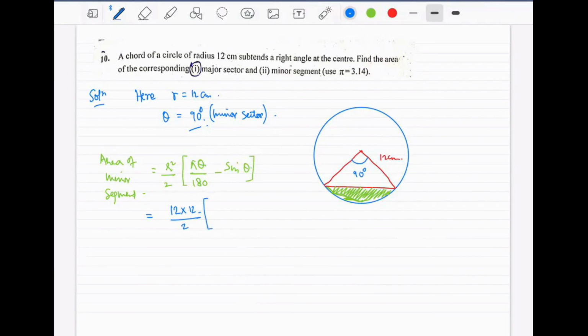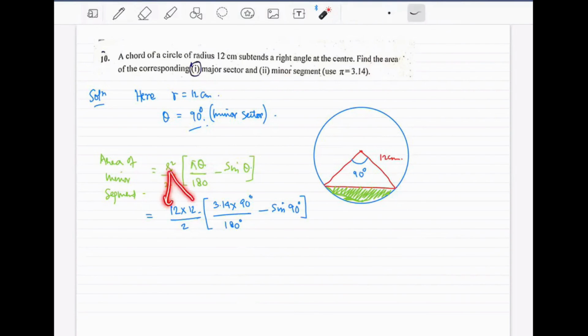Pi theta by 180. Pi, the question says use pi equal to 3.14, right? So you use 3.14 and theta will be how much? Theta is 90 degree as given. 180 degree minus sine 90. So we just replace the value of r and theta, that's it.